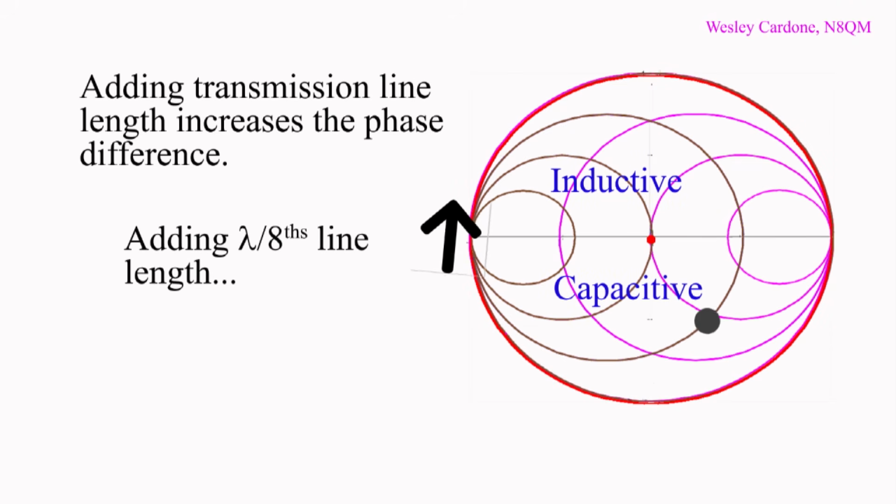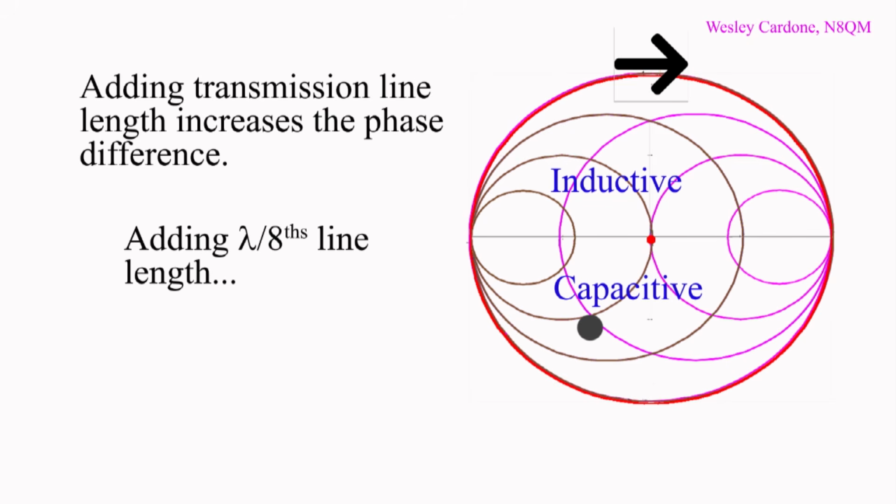As you add transmission line length, you increase the phase difference, or in other words, you increase the time that it takes to travel the entire length of the wire. Adding 1/8 wavelength brings you up 90 degrees in the circle.